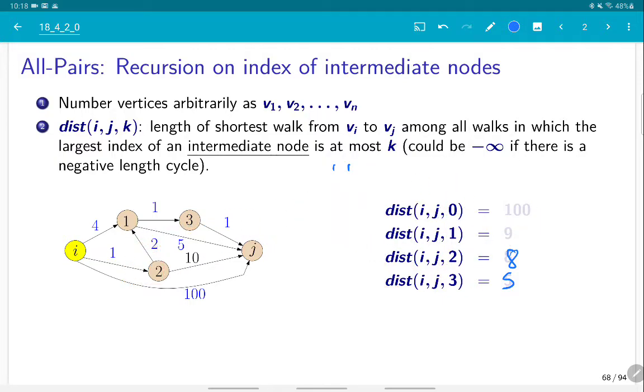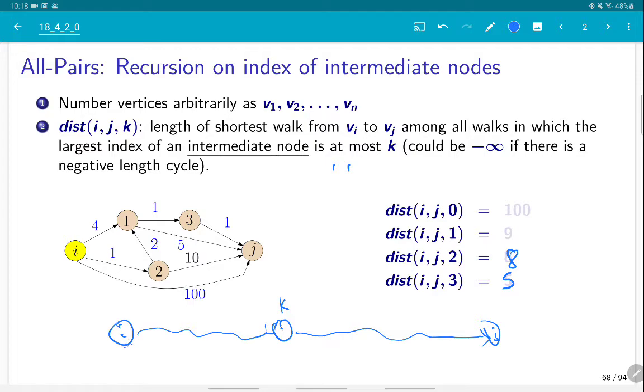Now, why is the definition useful? Well, think about the path between i and j, where the largest index is k, and in fact vertex k appears in the middle of the path, right? But then the recursive definition here is very natural, right?